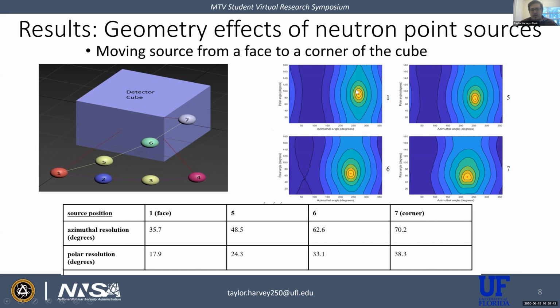If this was a perfect projection, this would be circular. And you move here and you get this odd triangular shape, which represents source 7, which is normal to a corner of the detector. When doing a variety of point source simulations with this detector, I noticed this effect, and I hadn't seen anything in the literature about it, so I was wondering about it.